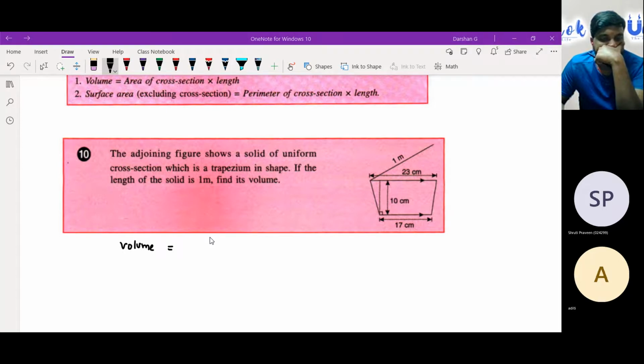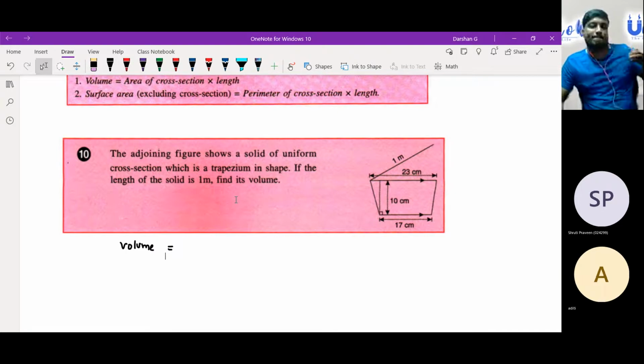One minute left. Thirty seconds. Ten. Okay.